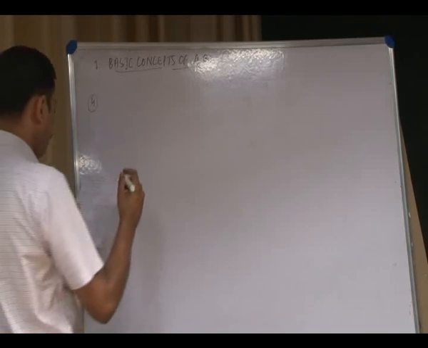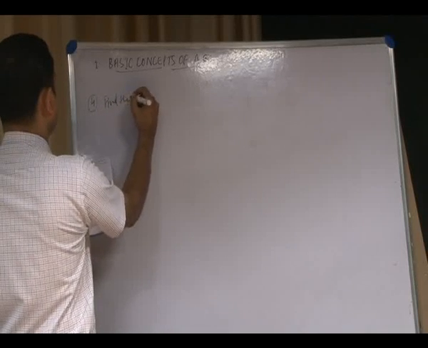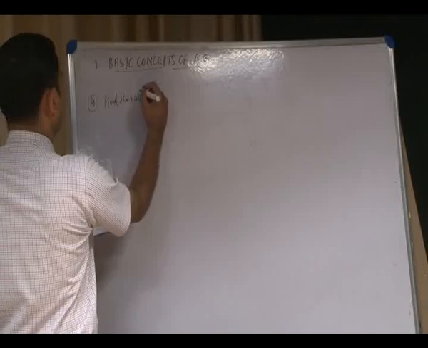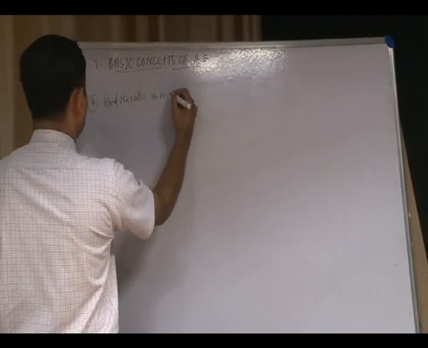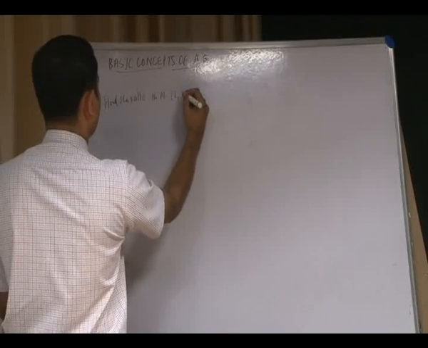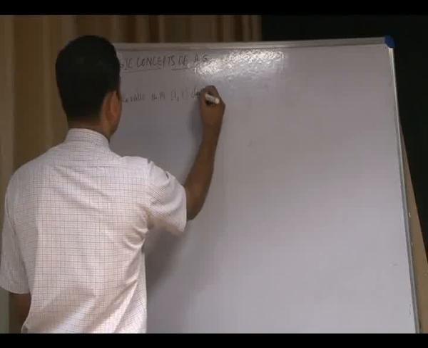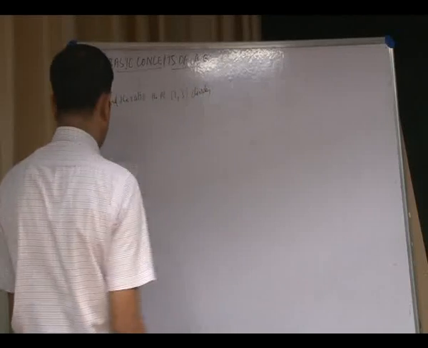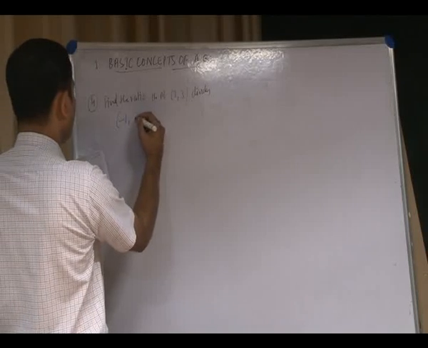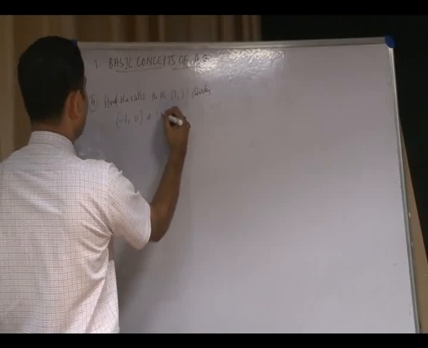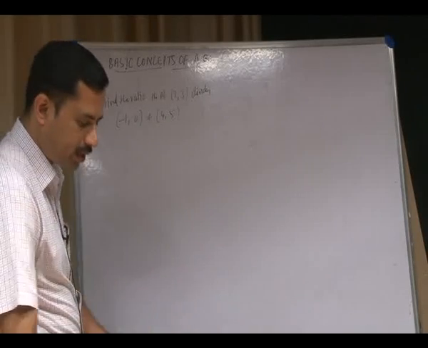Find the ratio in which the point 2, 3 divides the line joining 2 points minus 1, 0 and 4, 5.